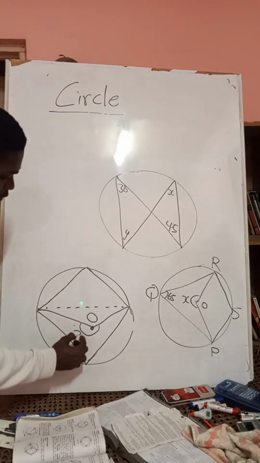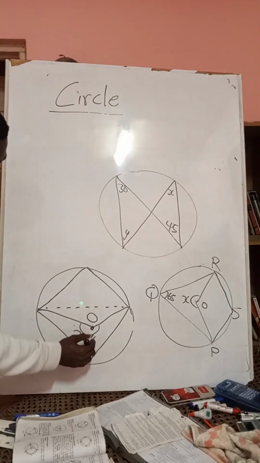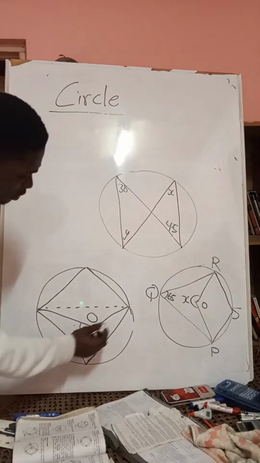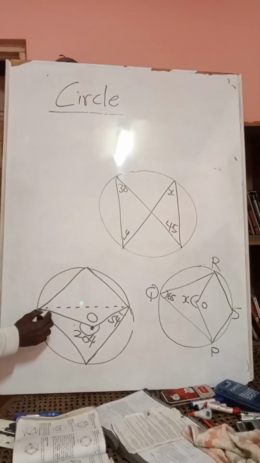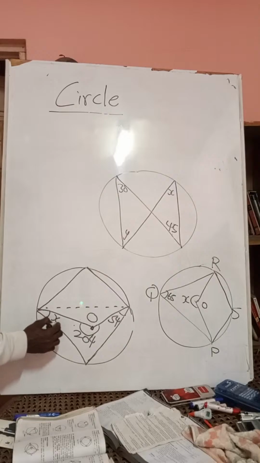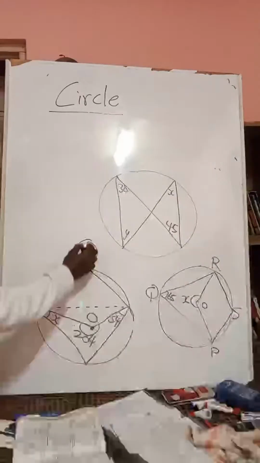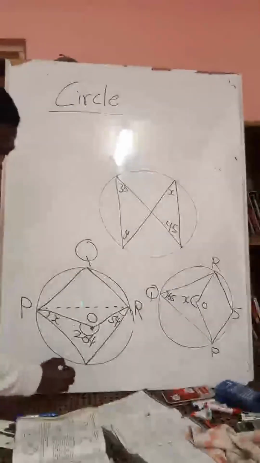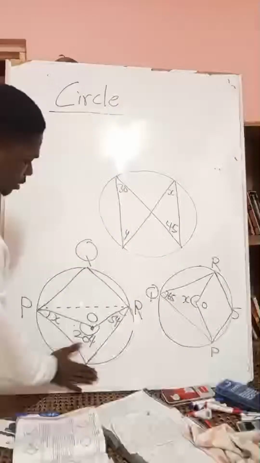This is 54 degrees. This is X. This side is X. Now here we are naming P. Here is P. Here is Q. Here is R. Here is S. This side is S.